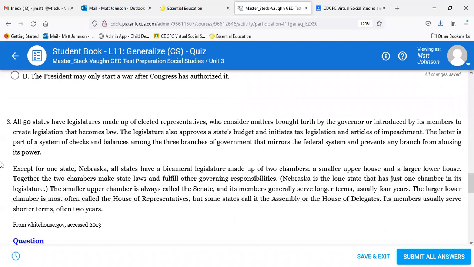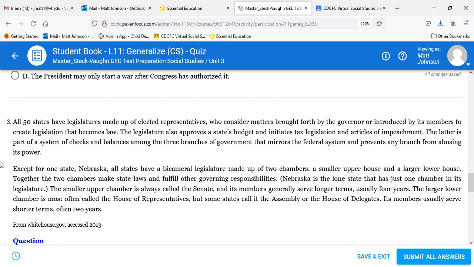Number 3. All 50 states have legislatures made up of elected representatives who consider matters brought forth by the governor or introduced by its members to create legislation that becomes law.